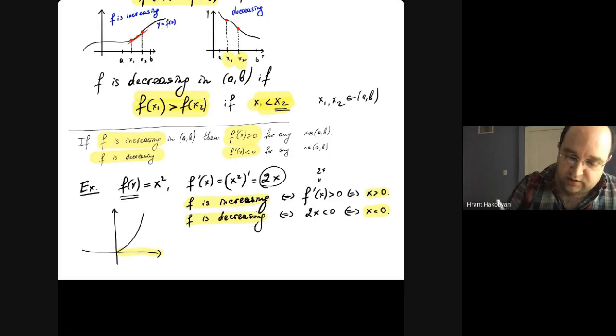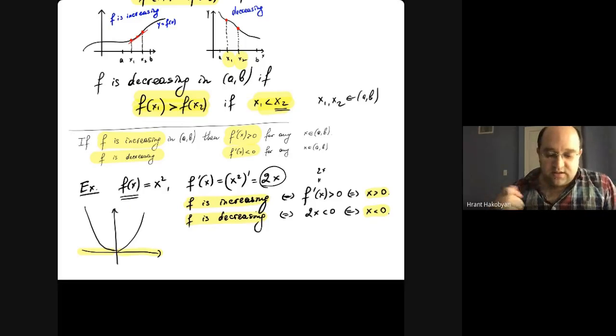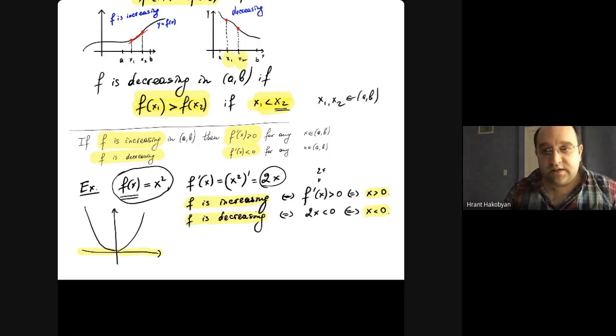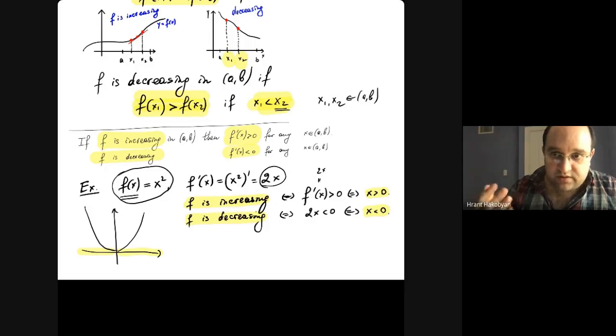The negative ones are here. For these, the function is decreasing, so it looks like this. Does this look like the function f(x) equals x squared? It exactly does, because the graph of f(x) equals x squared is the parabola, which looks like this.